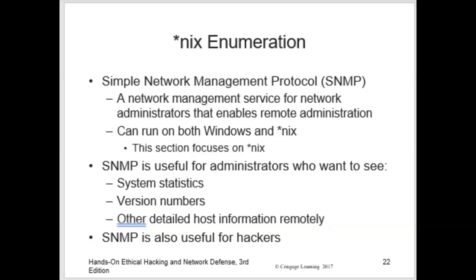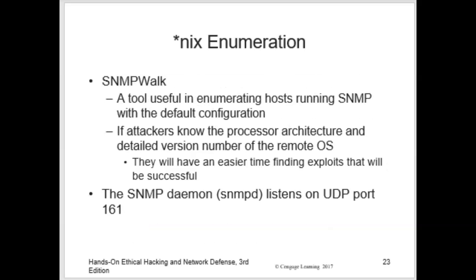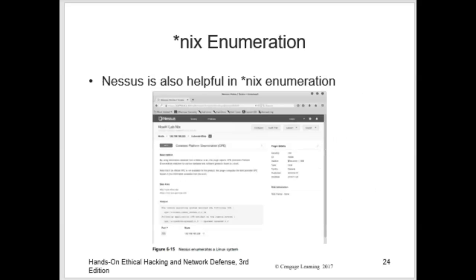SNMP is another example of how we can do enumeration using the network protocol. Okay. Same with SNMP walk, discussed in the book a little bit. This is just a broad overview of enumeration for this week.